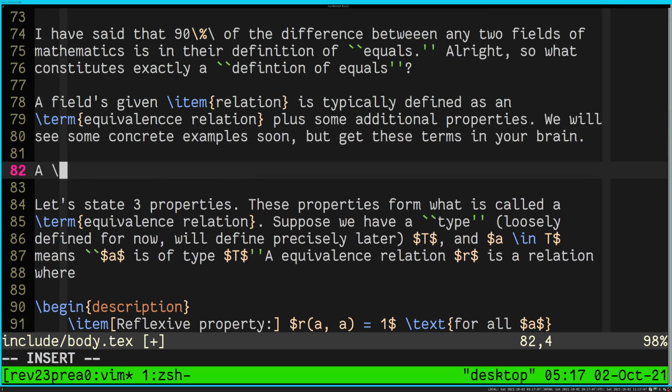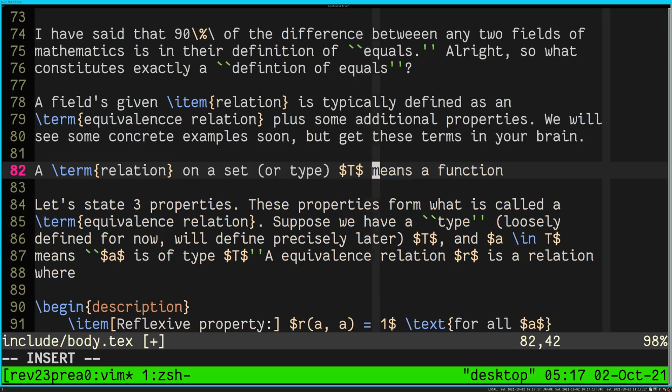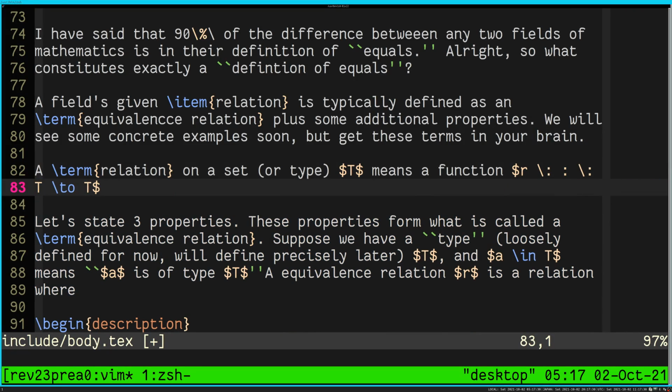A term relation means a function on a set or type T, a function R from T to T.